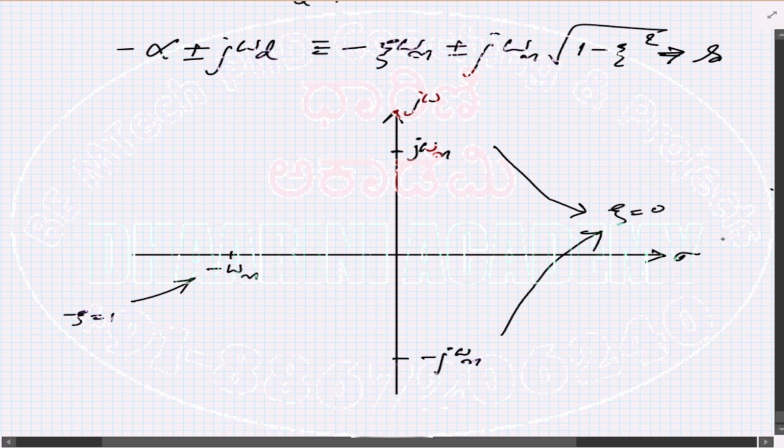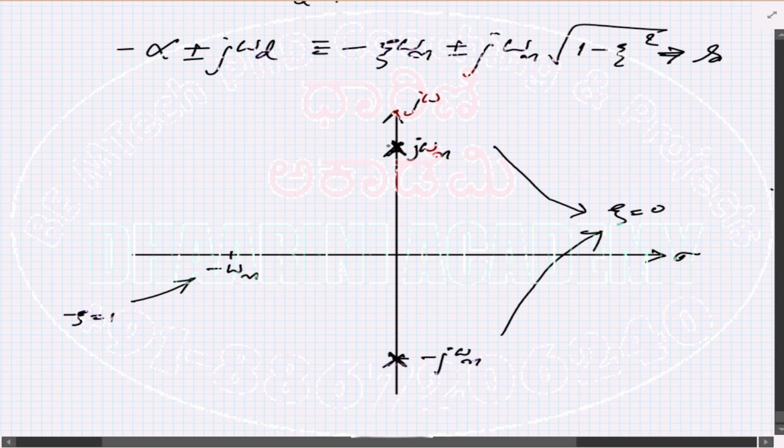And one more thing I just wrote when we derived that equation, the roots of the system, s equal to something we just wrote. There I told that zeta varies between 0 and 1. It's neither 0 nor 1, it's always between. So when it was close to 0, you are having two roots properly on the imaginary axis.